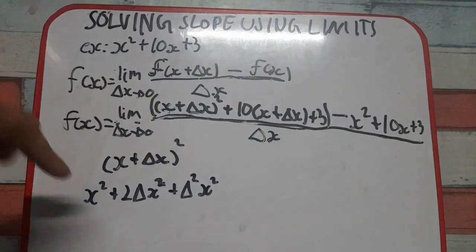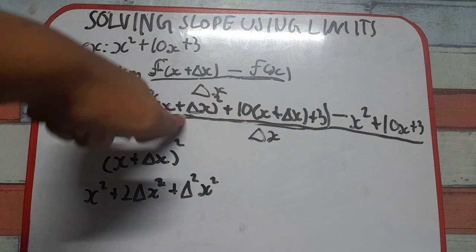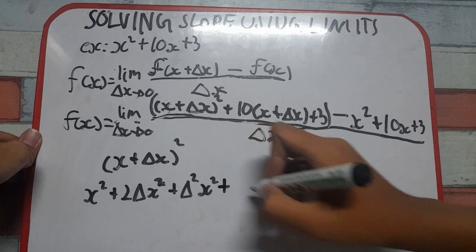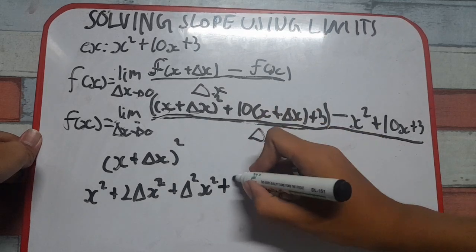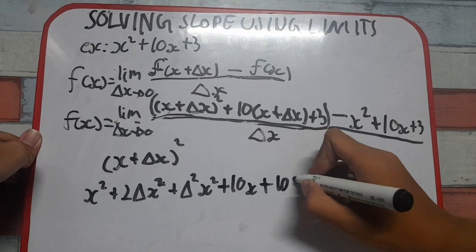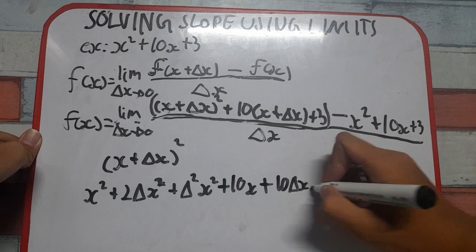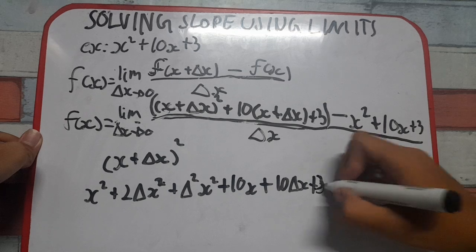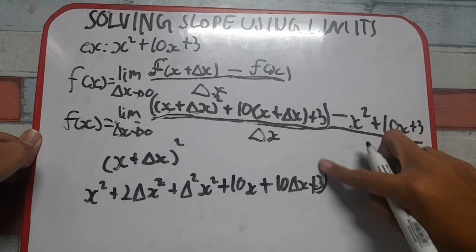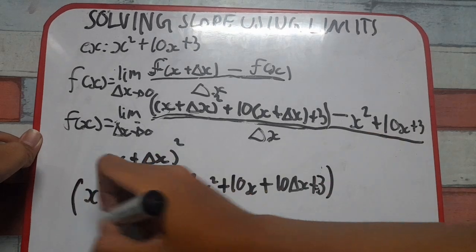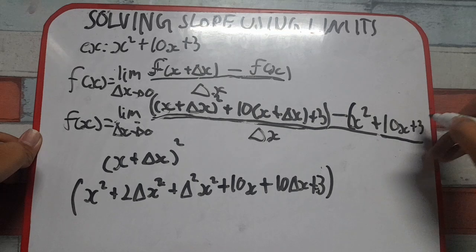That will be the value of this part right here, and then we're just gonna add the other one, which is 10x plus 10 delta x, and then the 3. We got the quantity, all that separated from this part over here.